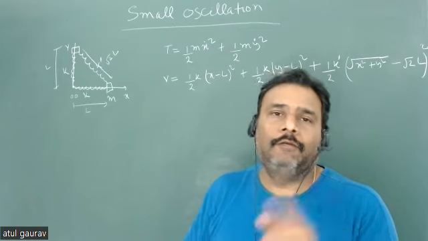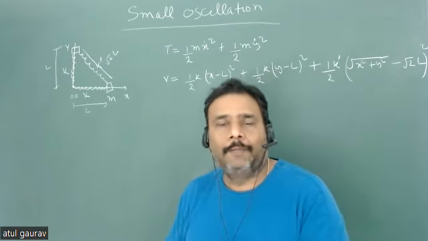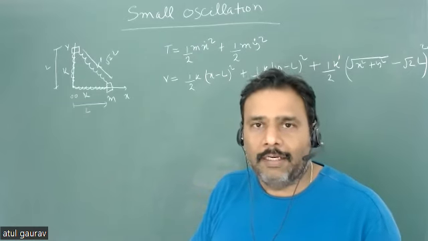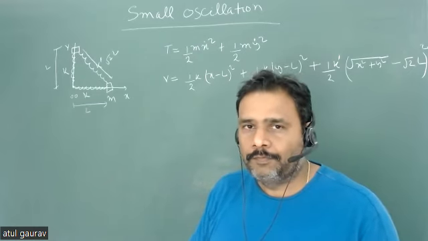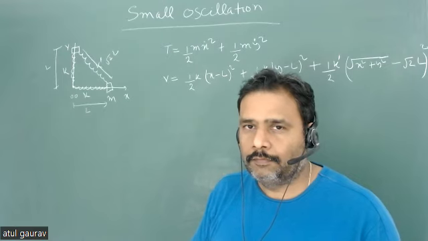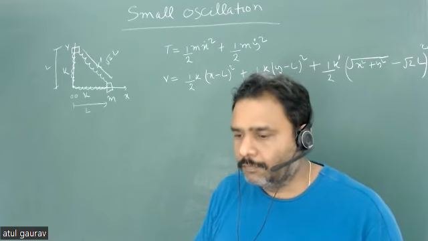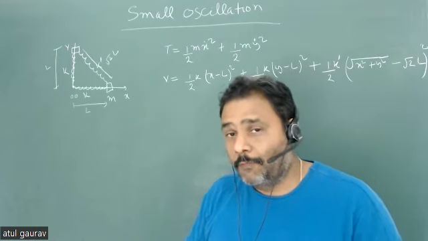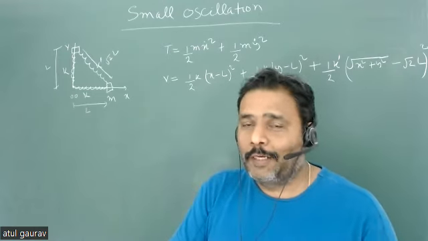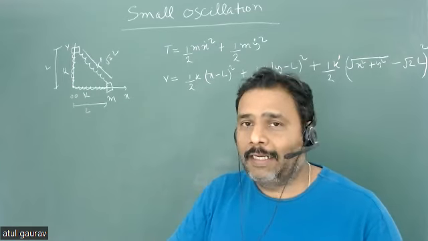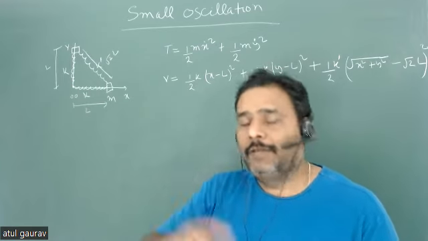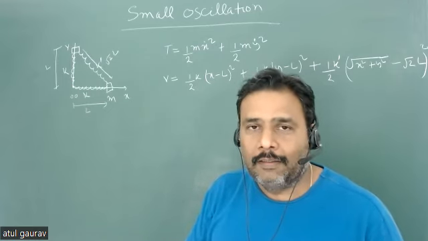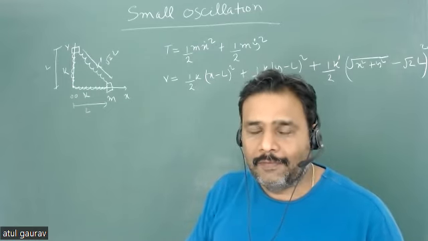We have to calculate V11, that is d square V upon dx square, about which point? This is very important. We have to identify the equilibrium point, and then find V11, V12. So first you will identify the equilibrium point, meaning del V upon del x is equal to 0, and then you will go for del square V upon del x square. That is the same thing you are doing, isn't it? Yes, sir.